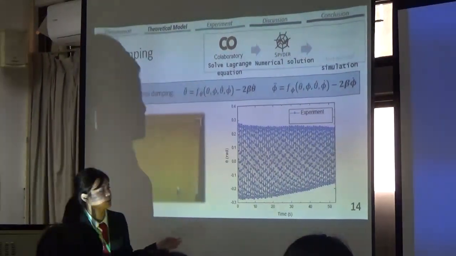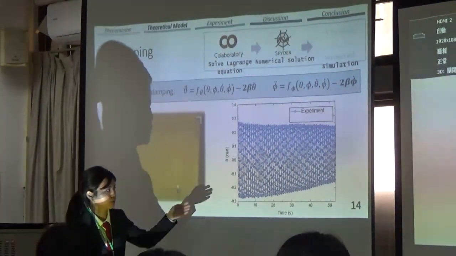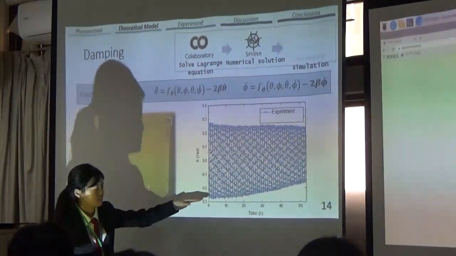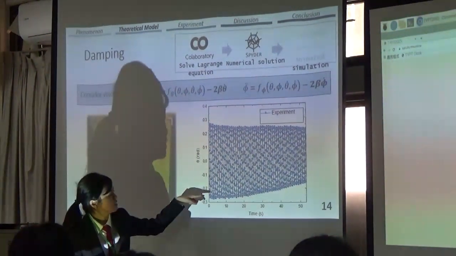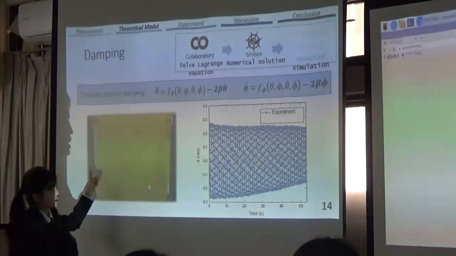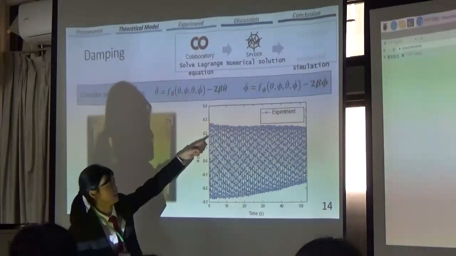The reason why we didn't use the damping with two, we actually put the damping here. The pendulum will swing to the left and the right, and this is the left side and this is the right side.